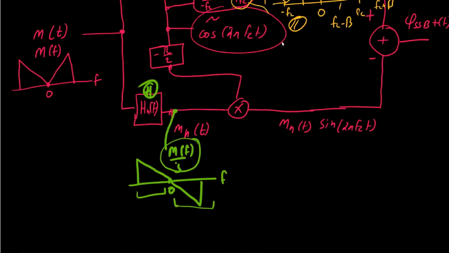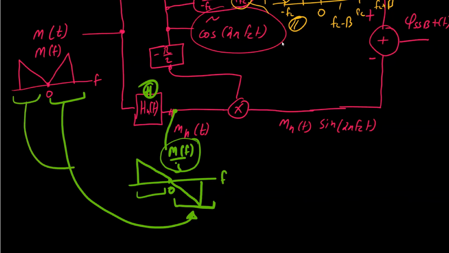So for the positive frequencies we have an inversion of j. So basically for positive frequencies we have a flipped version, flipped downward. For negative frequencies we get the same as is, right? So this is basically the spectrum that we get out of the Hilbert transform.